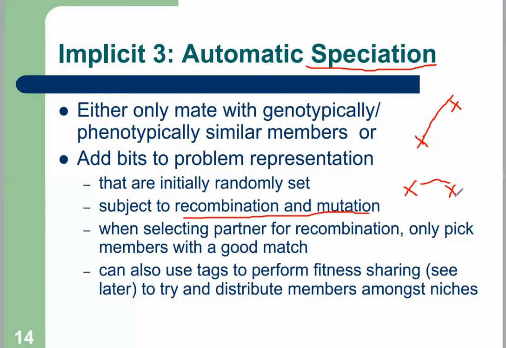Or it is related to religions: some Muslims mate with Muslims, and non-Muslims such as Jewish people marry Jewish people. It is speciation.